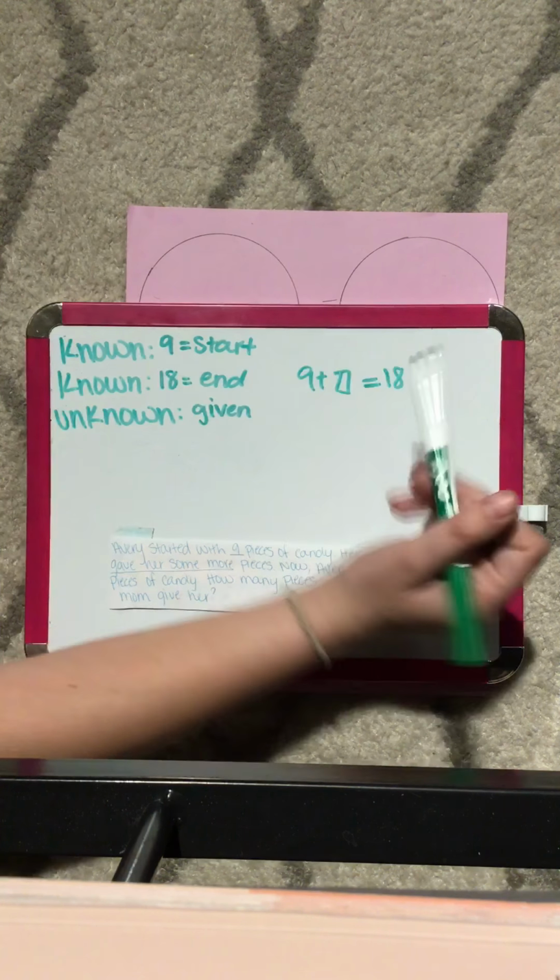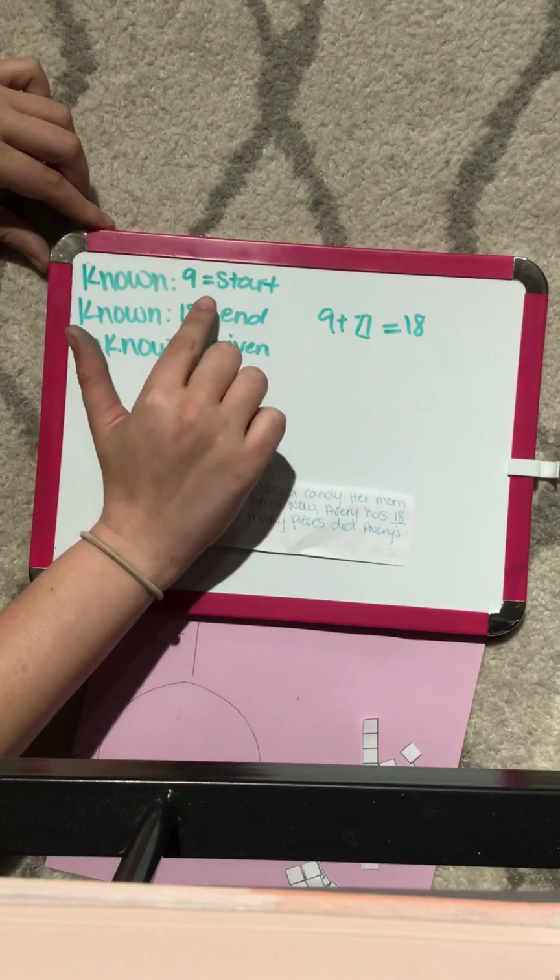Now we're going to be using a set model. This is a set model for a join problem. You put your starting value in this circle, the change in this circle, and the result or ending value in this circle. Back in our equation, we know that we started with 9, we ended with 18.